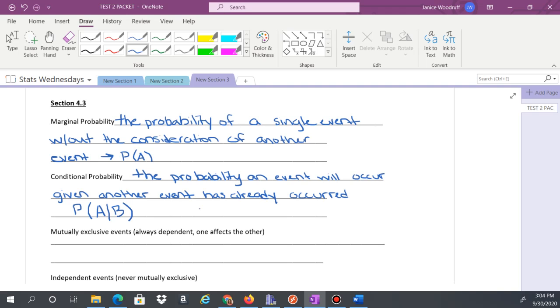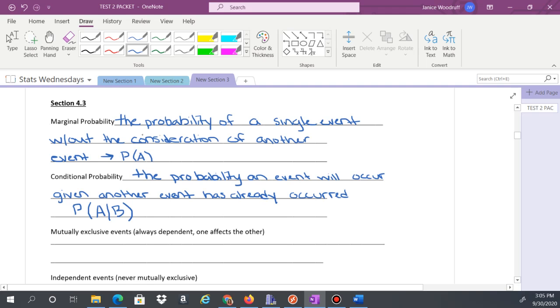I've only got 5 boys in here, so there were only 5 cards that I could have drawn that were blue. The probability would be the yeses out of 5, as opposed to the marginal probability, which was out of the whole class, out of 14. So the denominator is going to be different.